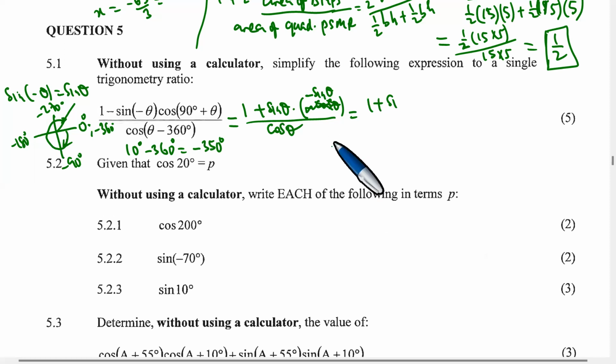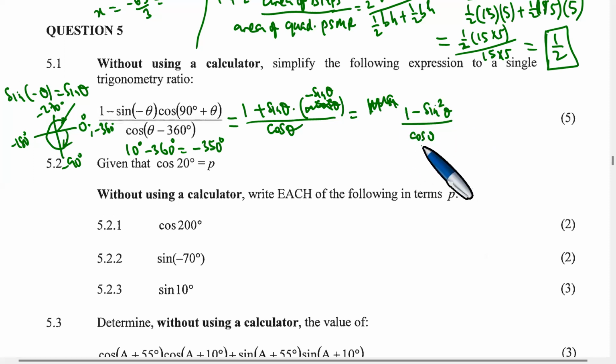It's going to be positive times negative, which is a big negative. So that becomes 1 minus sine squared theta, divided by cosine theta.